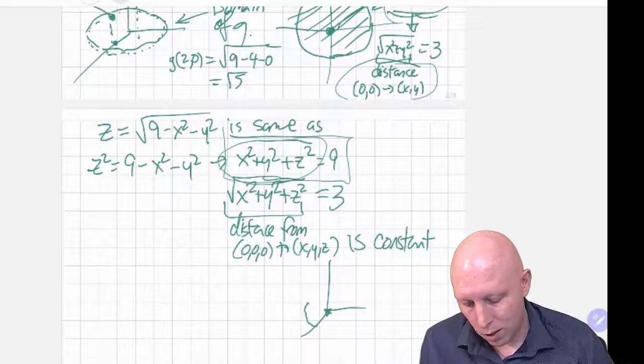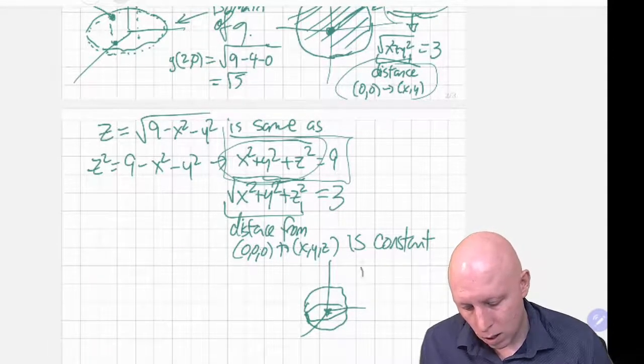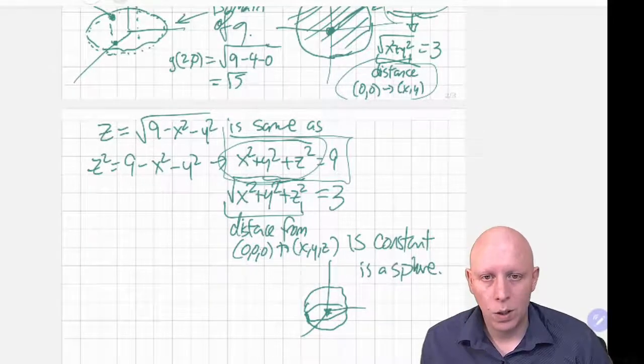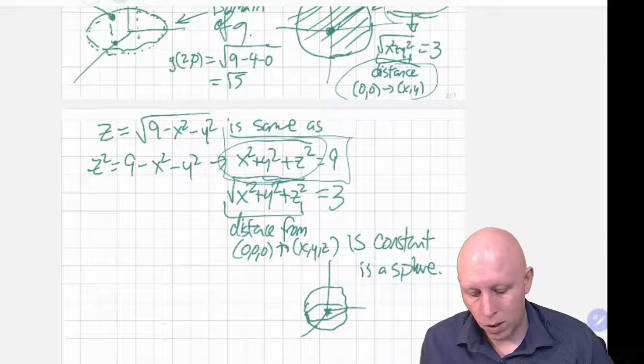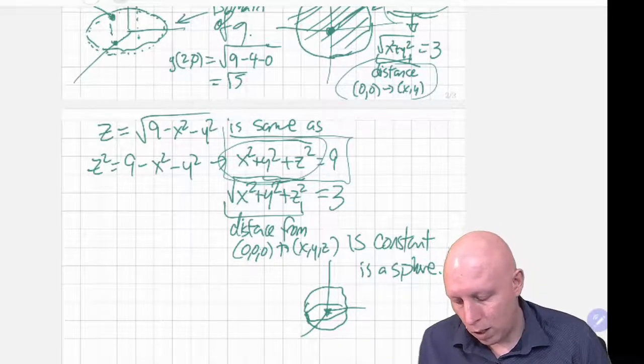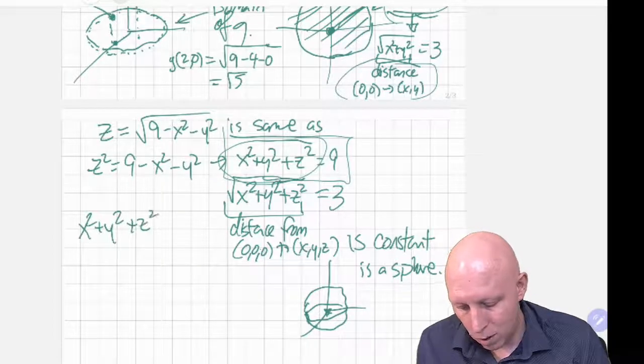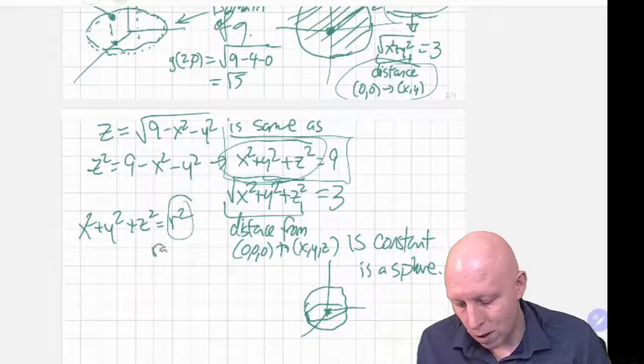That's going to be a sphere. So when you see an equation that looks like x squared plus y squared plus z squared is equal to r squared, this is a sphere of radius r.